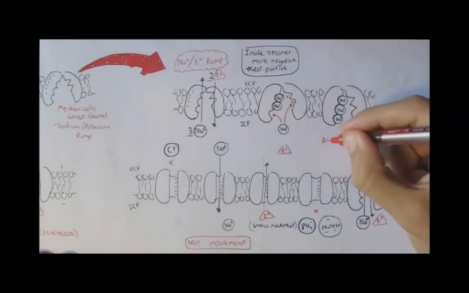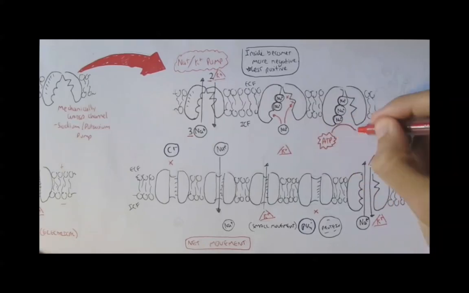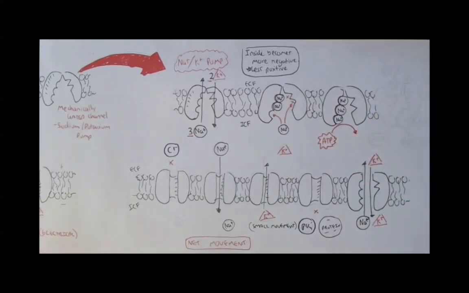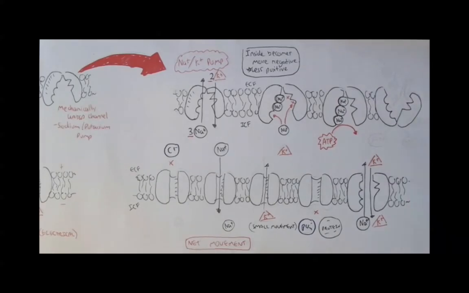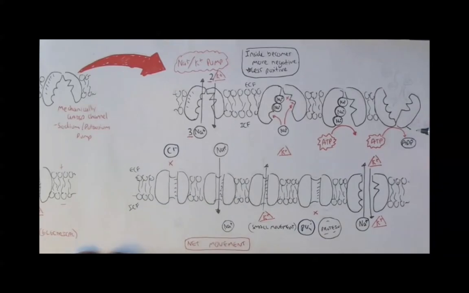Then ATP causes the pump to make a conformational change. This conformational change looks like this, we can say. ATP gets converted into ADP, leaving 1 phosphate still attached to the pump.